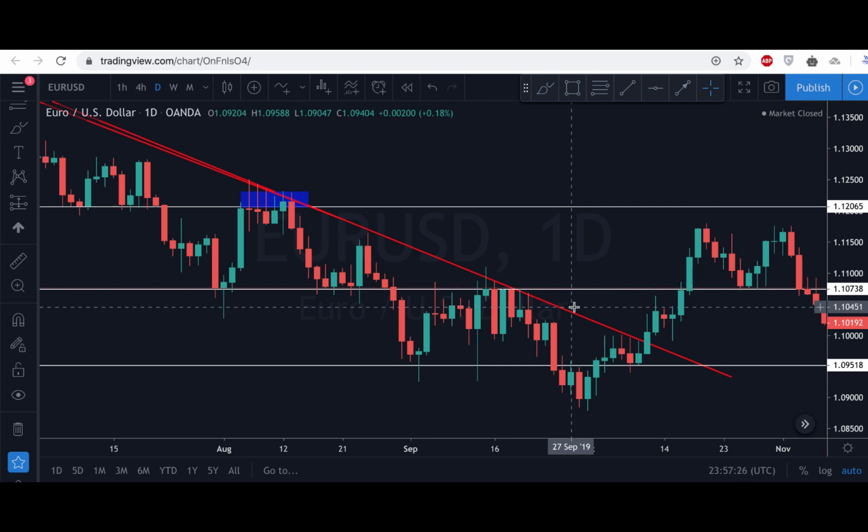So if you have clear direction on all time frames, now I'm not saying you have to look at every time frame, I'm saying at least the daily, the 4 hour and the 1 hour. If these three time frames are giving you the same direction that the market is going to head down, that's when you want to be entering. That makes it a very high confluence.